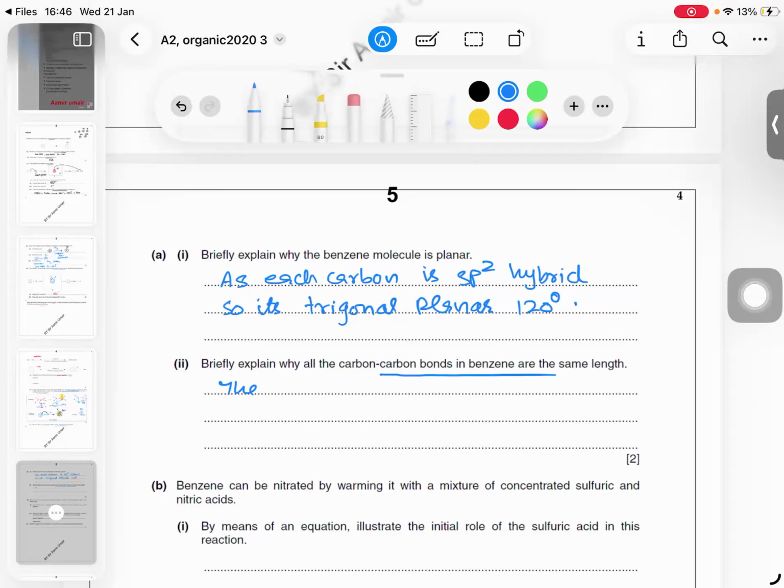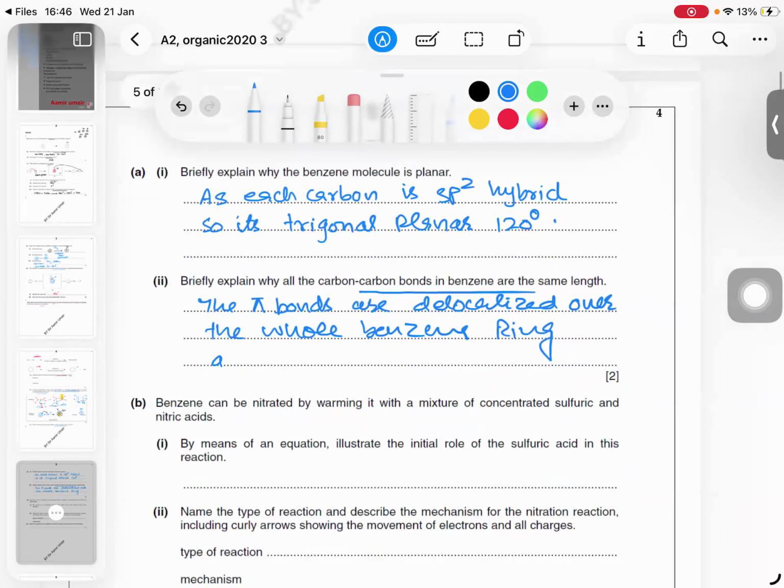The pi bonds are delocalized over the whole benzene ring. No single or double bond.